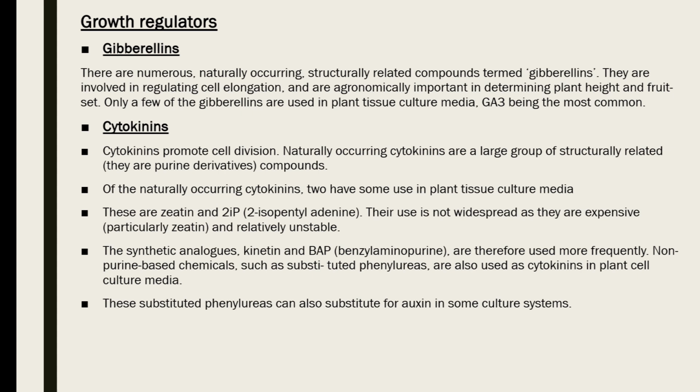The synthetic analogues, kinetin and benzylaminopurine, are therefore used more frequently. Non-purine-based chemicals, such as substituted phenylureas, are also used as cytokinins in plant cell culture media. These substituted phenylureas can also substitute for auxin in some culture systems.